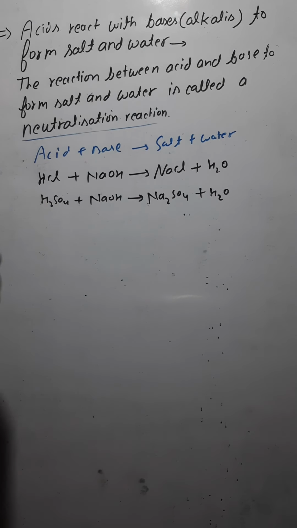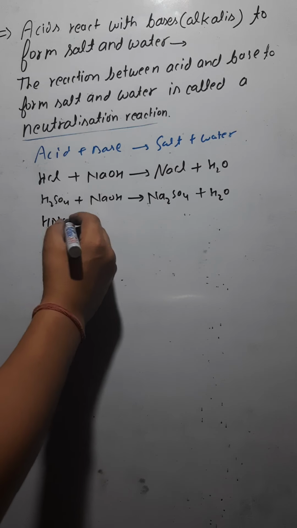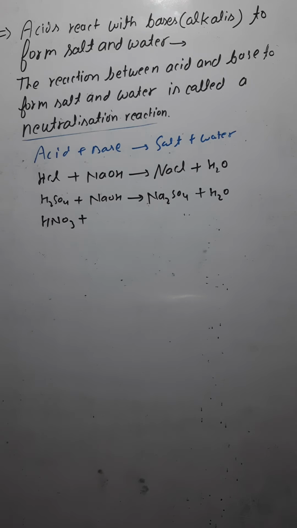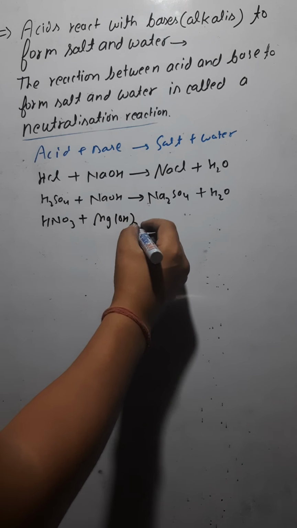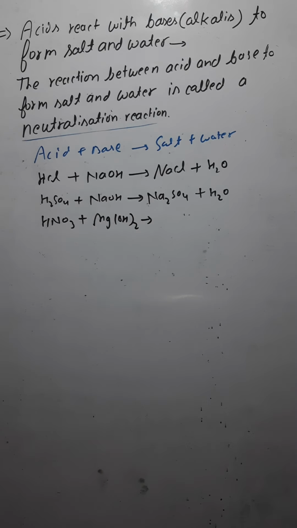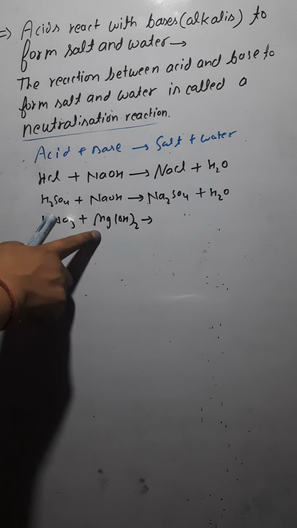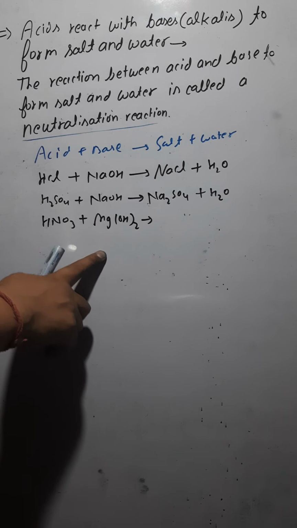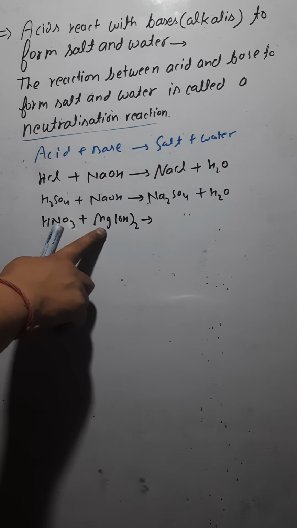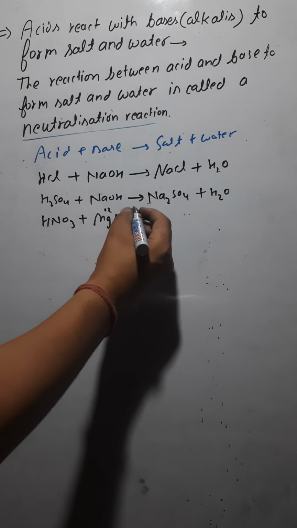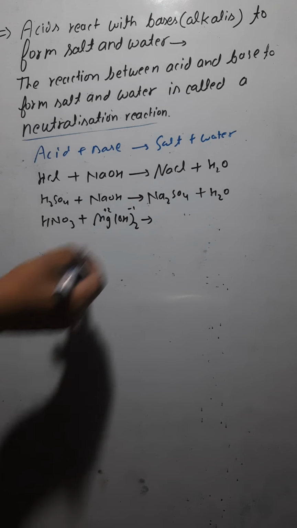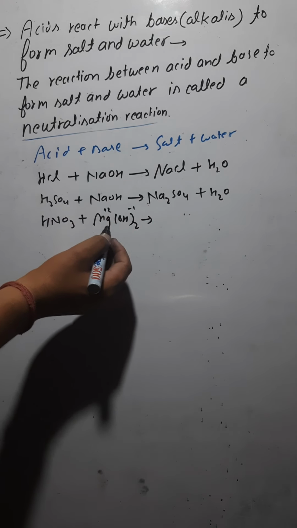One more reaction I'm taking. Let's take the example of HNO3, nitric acid, reacting with Mg(OH)2, magnesium hydroxide. Here the charge on magnesium is +2, and the charge on OH is -1. If you cross multiply, this 2 would go there, and 1 would come here.